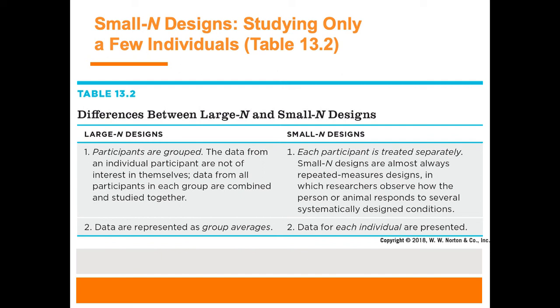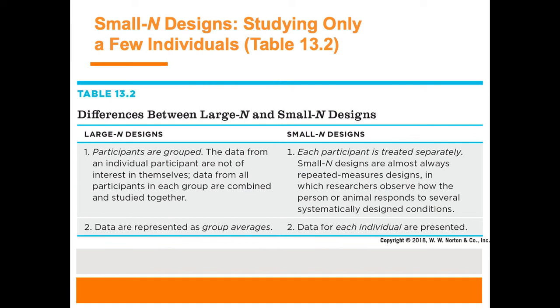Small n designs are sort of the opposite of that large correlational sampling, where we're looking at very specific people because of something they experienced, right? So the large n designs, let's say large correlational studies, for example, this is data from lots of people, and the individual people within that data set are of less interest, right? We usually combine them in some way and look at all of the people overall in terms of their means or correlation coefficients that represent that relationship, right?